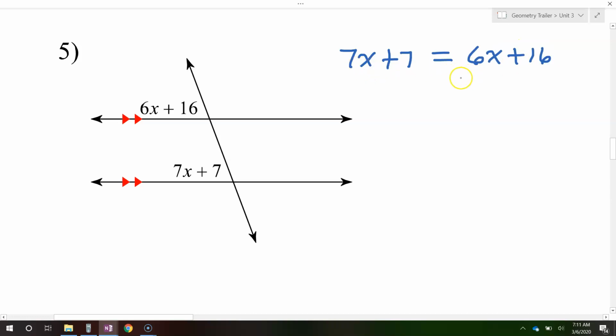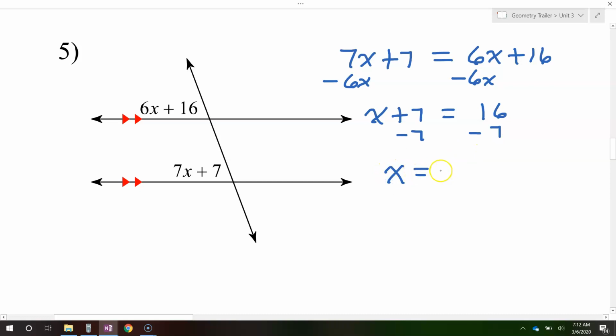Whenever I see a variable on both sides, I subtract one of them so I can get them together. So that is going to give me x plus 7 is equal to 16. Then we will subtract 7 from both sides, and that will give me x is equal to 9.